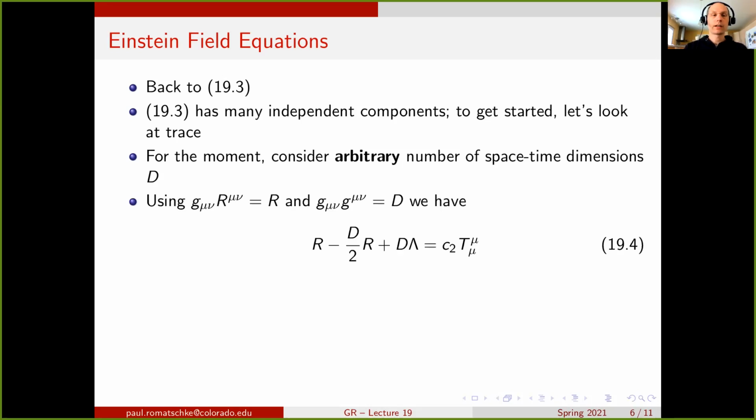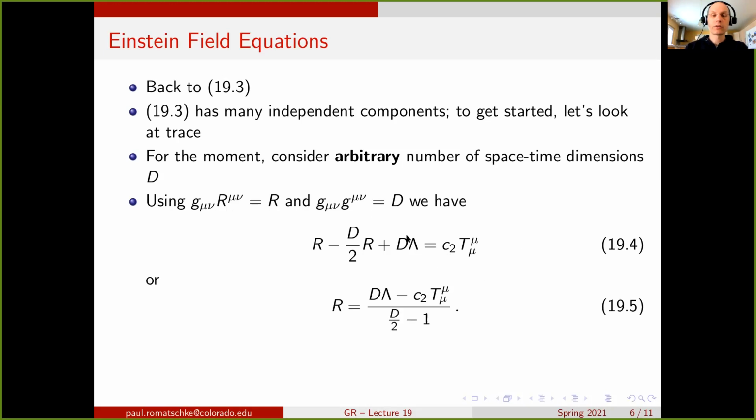If we look at the trace, then we'll have quantities such as the trace of the Ricci tensor, the Ricci scalar, appearing, and we will have the trace of the metric tensor, which is just the number of space-time dimensions d. So if we do this, the equation that we get is R minus d over 2 R plus d times lambda equals C2 times the trace of the energy momentum tensor.